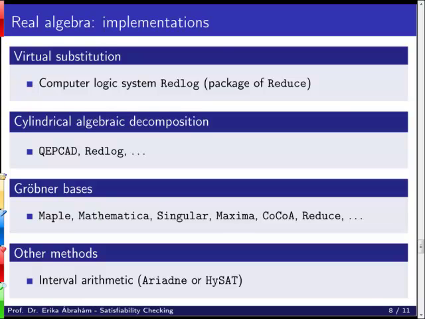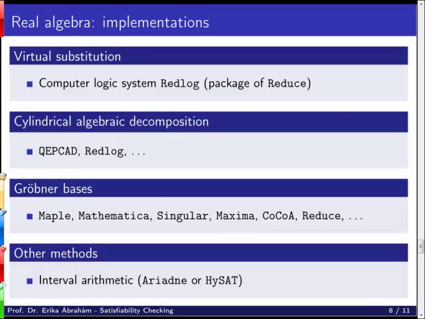Then the CAD is implemented in several tools, and there are also several optimizations of it available. Gröbner bases are nearly in every system which is used for computations with real algebraic terms. And there are also other methods like interval arithmetic. All these systems have in common that they are strong in conjunctions of polynomial constraints.